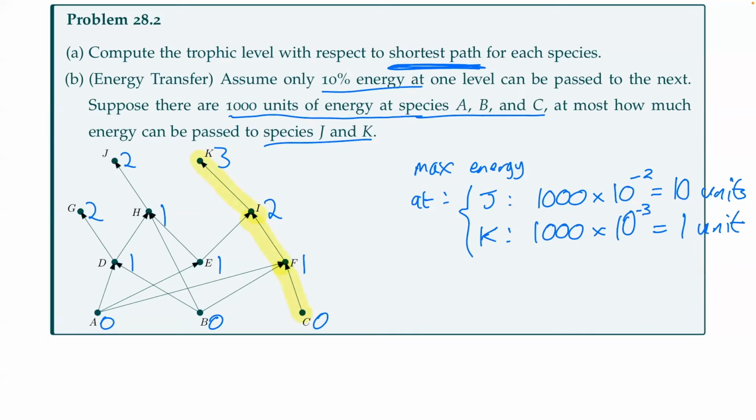So you see that even though species J and K are both top predators, because J feeds on this omnivore here, so something that's feeding on a primary producer, it has the potential to get more energy from that primary producer level.